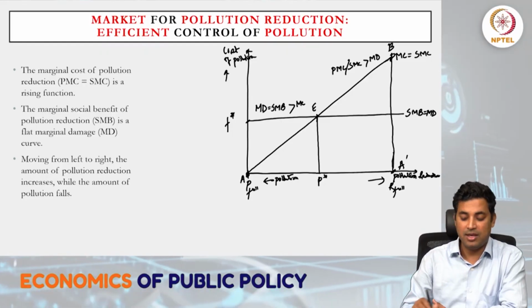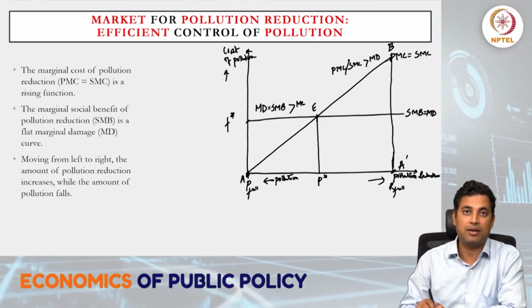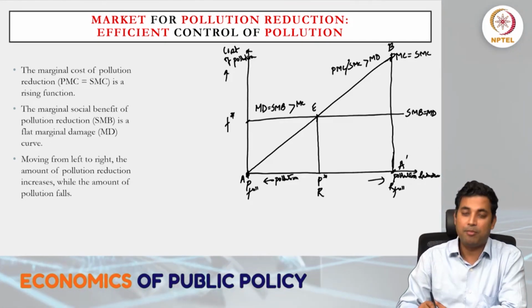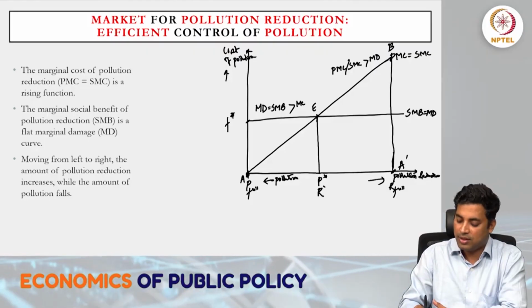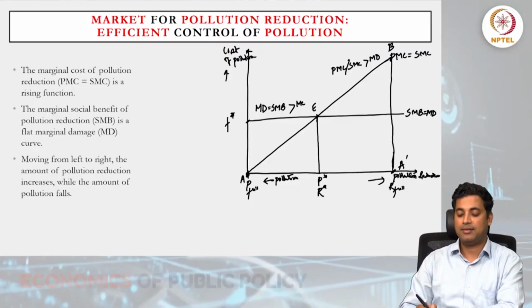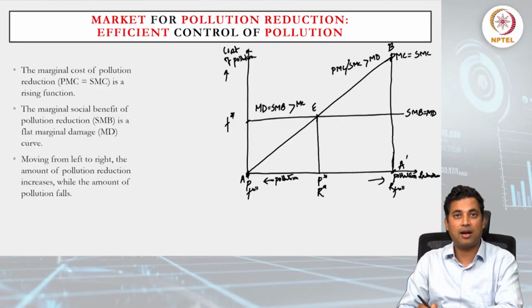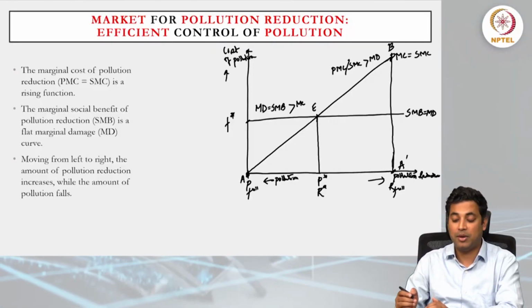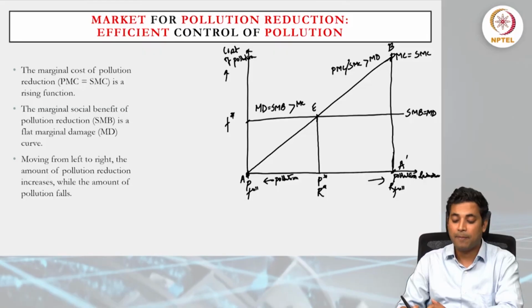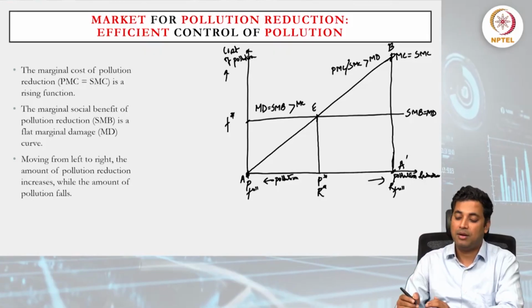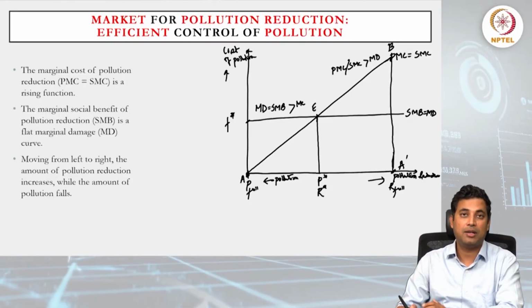So at point E, pollution is becoming optimum, and pollution reduction is also becoming optimum at R star. So AR star is the optimum level of pollution reduction, and AP star is the optimum level of pollution.